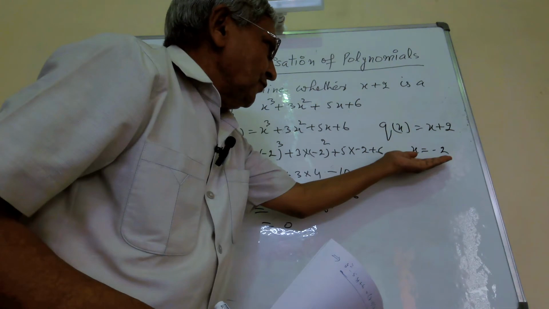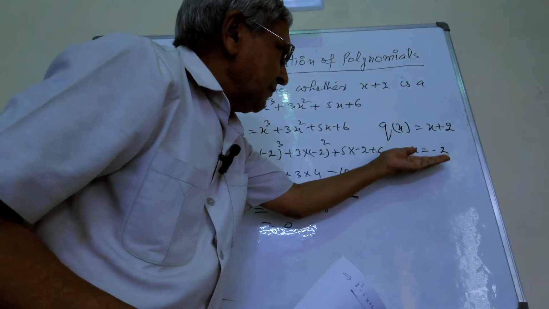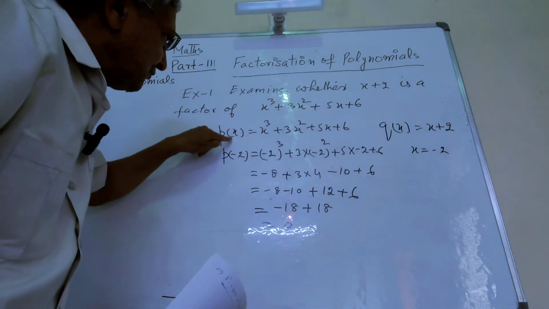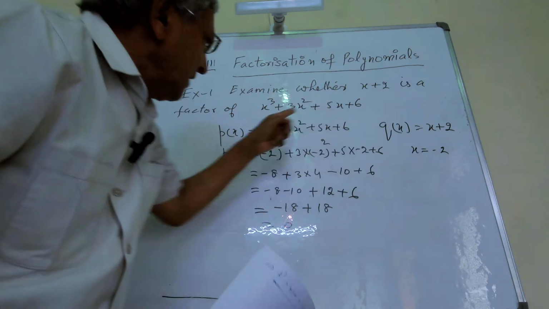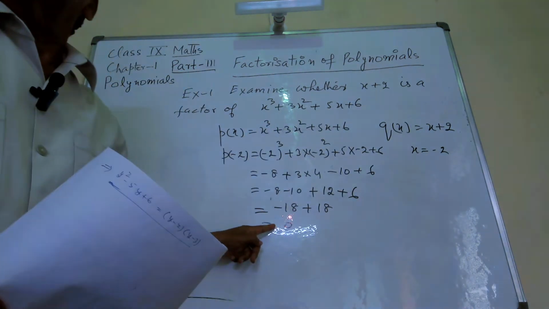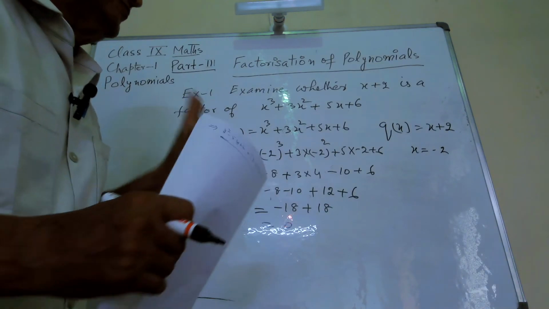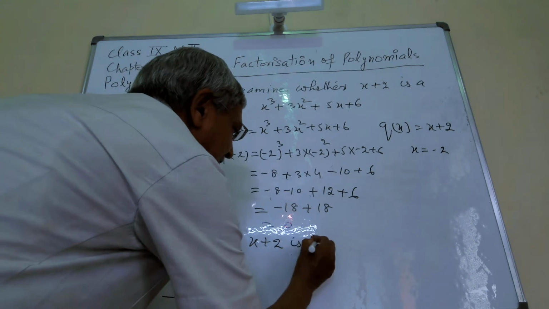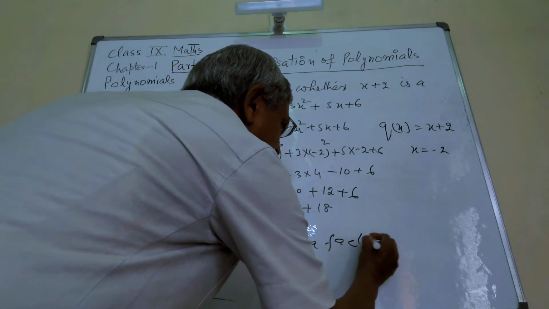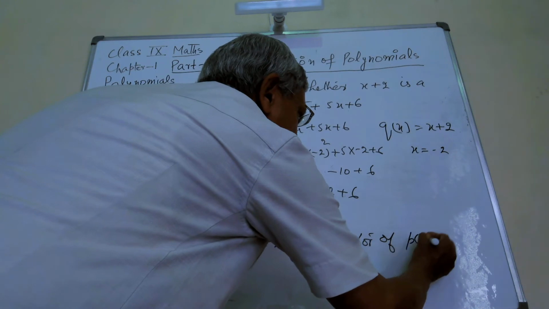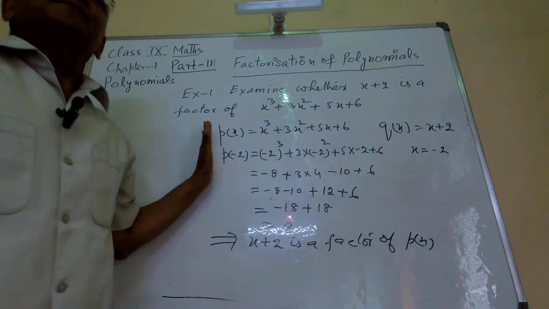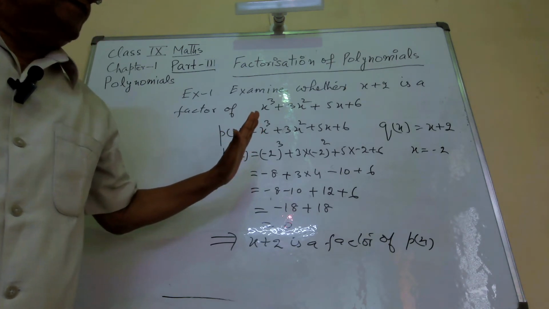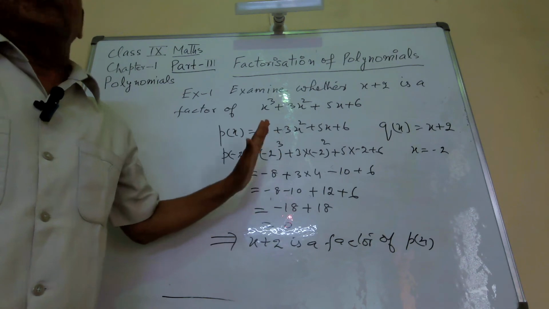By putting the value of the variable from the second polynomial into the first in place of x, this value makes the polynomial 0. So this is a factor of this polynomial. Therefore x plus 2 is a factor of p(x). This is the method of checking whether it is a factor or not.